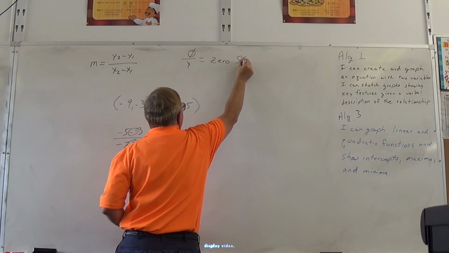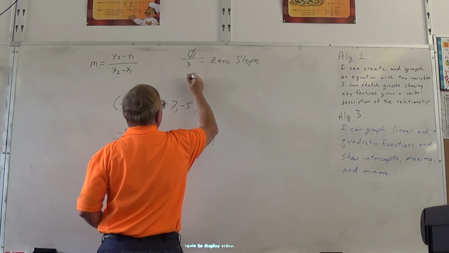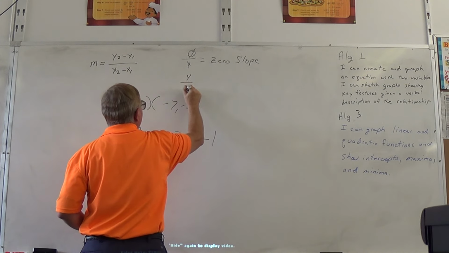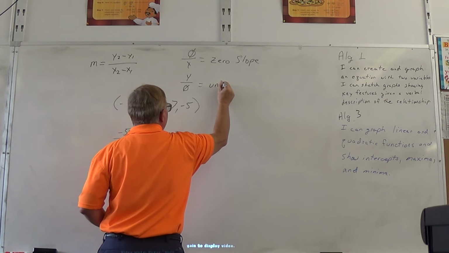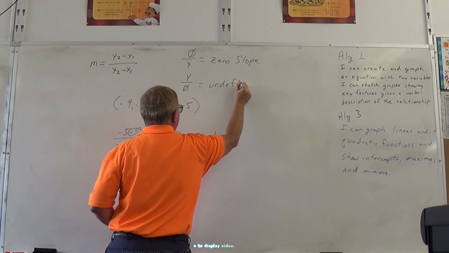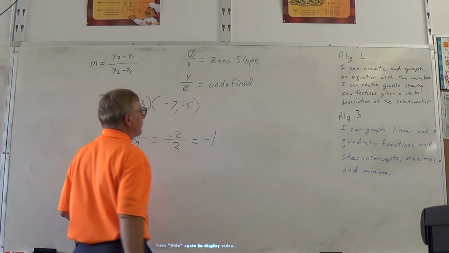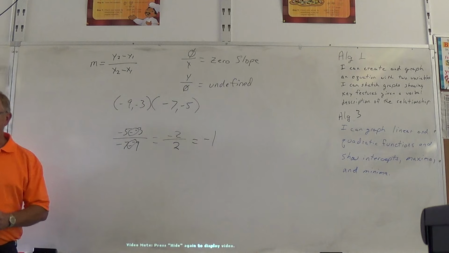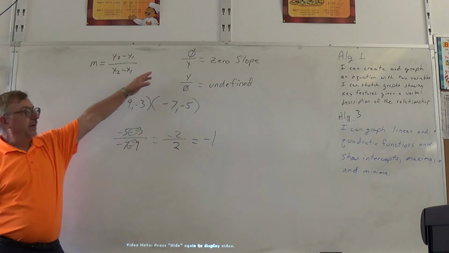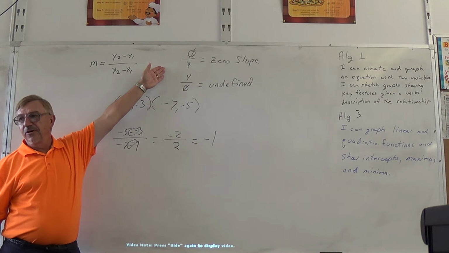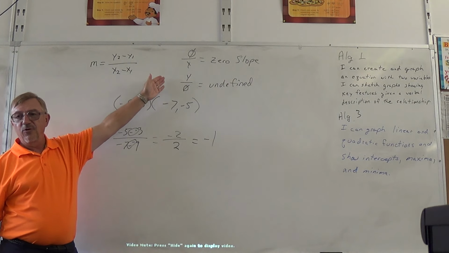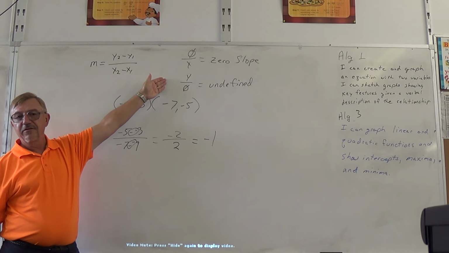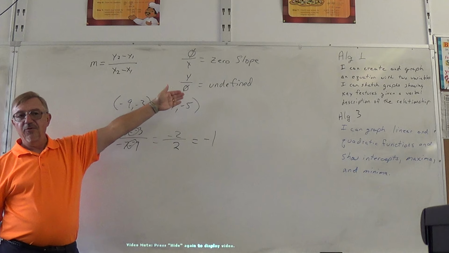Isn't it a 0 slope? Okay, if it's 0 over x, it's a 0 slope. If it's y over 0, it's an undefined slope.